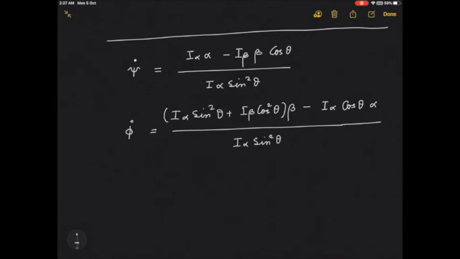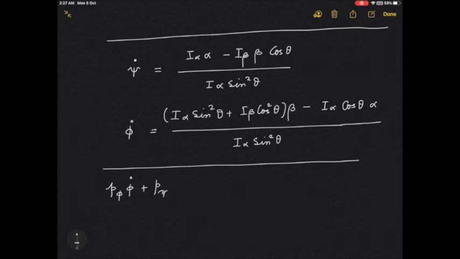Psi dot and phi dot we have written in terms of P phi and P psi already. So let us calculate P phi phi dot plus P psi psi dot, times I alpha sine square theta, because this will be easier to calculate to start with.